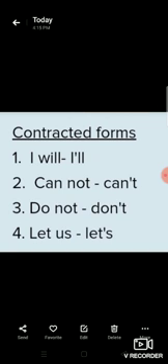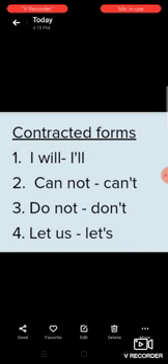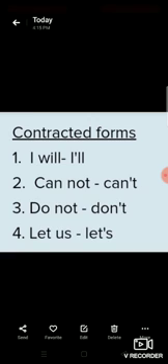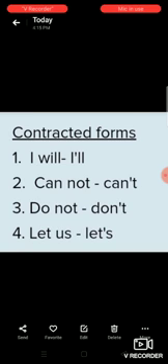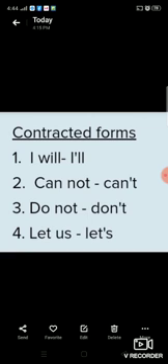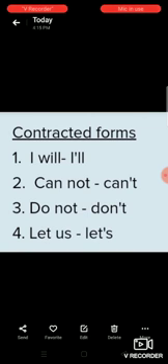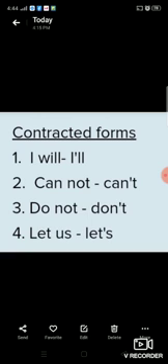It can be written as can't, C-A-N apostrophe T. Don't forget to put an apostrophe after N. It can be read as can't. Do not, don't. Let us, let's. Okay, my dear children, copy these notes into your notebook and write and study them in your rough book 5 times.